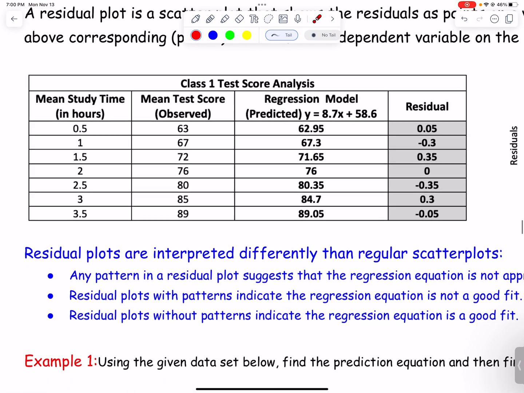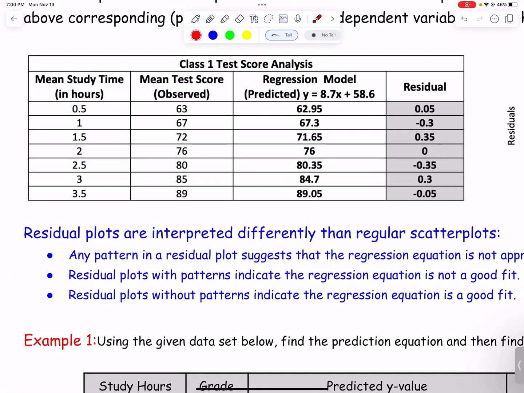If we have a test score analysis and you've already got your mean study time, so that's like your x sub 1, and your mean test score, which is like a y sub 1, and we've already found our prediction model, so y sub 1 is approximately m x sub 1 plus b. And they've already figured that all out in Desmos. The residual would be that if we plug in 0.5 hours of study time into this prediction model, we get 62.95.